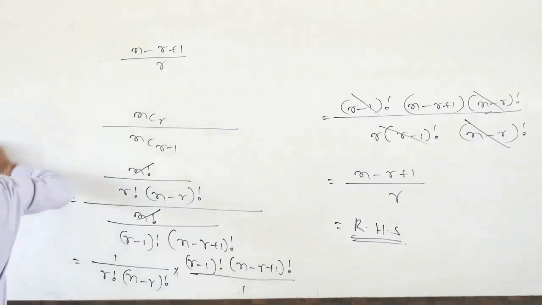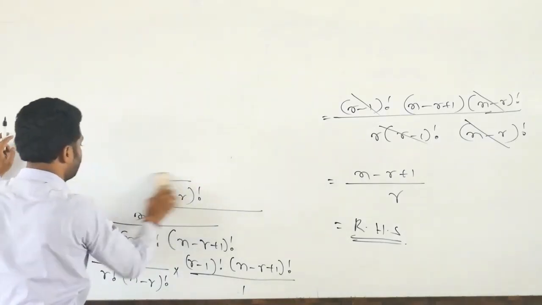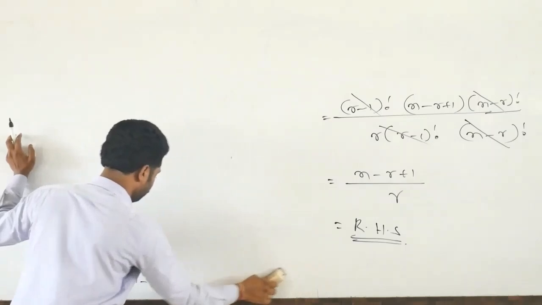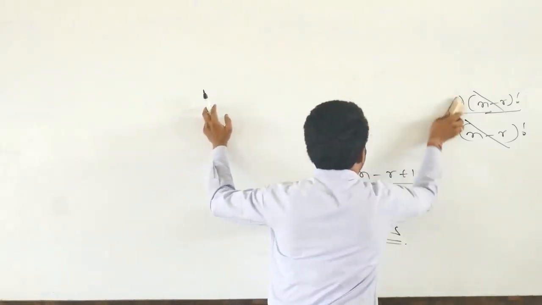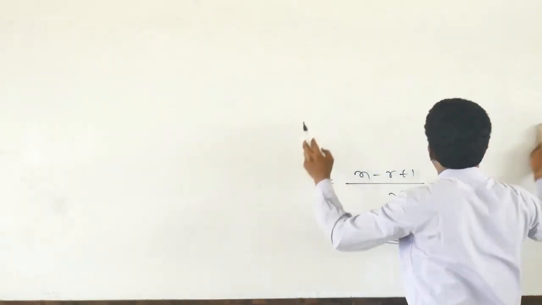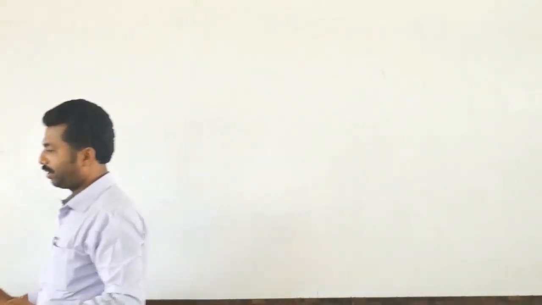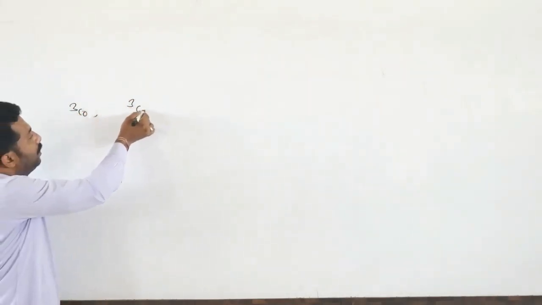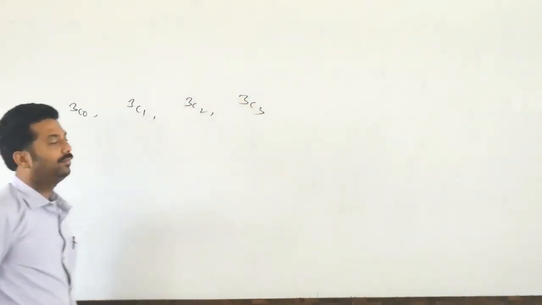Next. One point you have to remember here. Let me take one simple example: 3C0, 3C1, 3C2, 3C3.